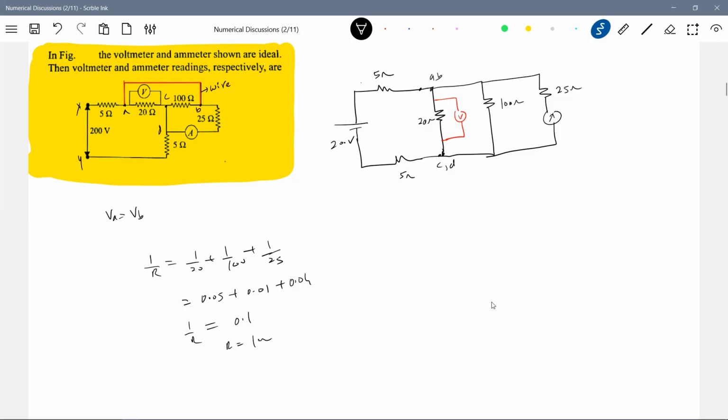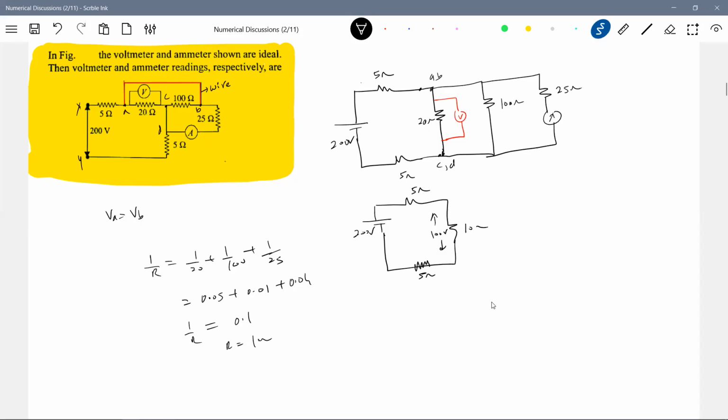Now how will this entire circuit appear? 5 ohm, this will be 10 ohm, here 5 ohm. So what was that 200 volt we applied? 100 volt will drop here.